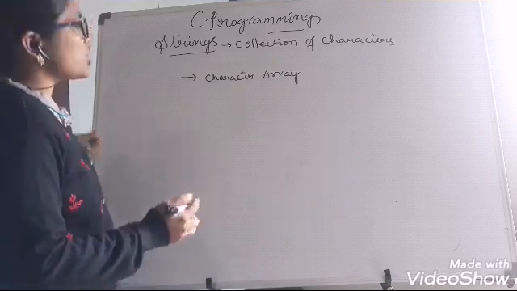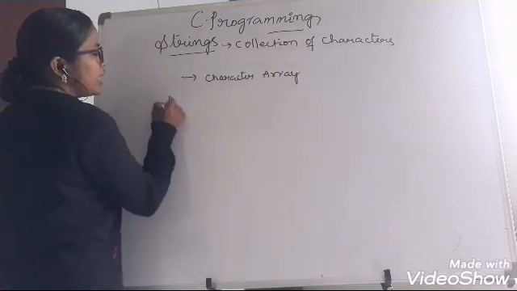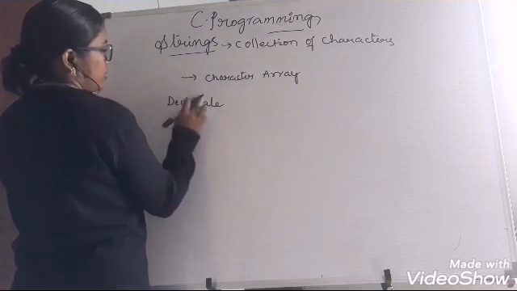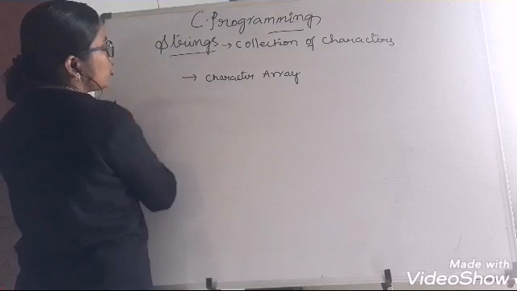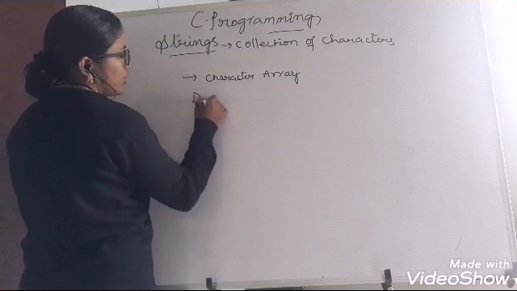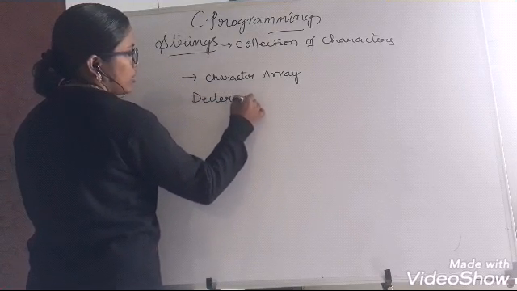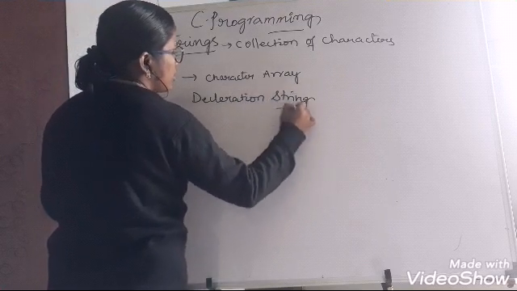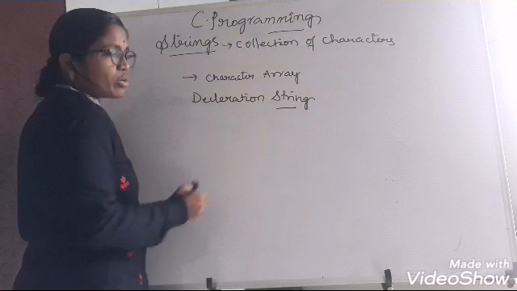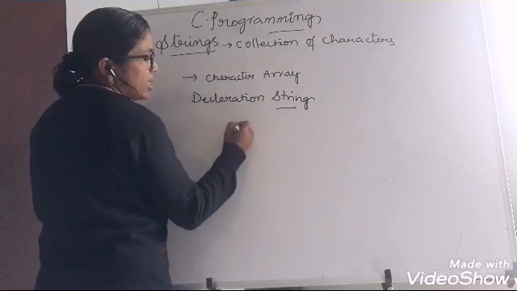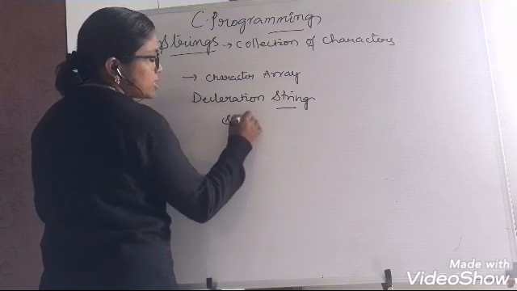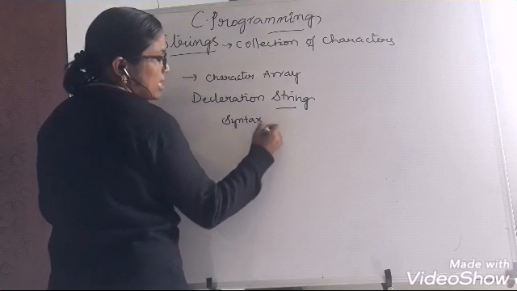So here comes a question. Similarly, how do we declare a string? How can we declare the string? A string can be declared as, actually, an array is declared. So the syntax: here comes the data type.